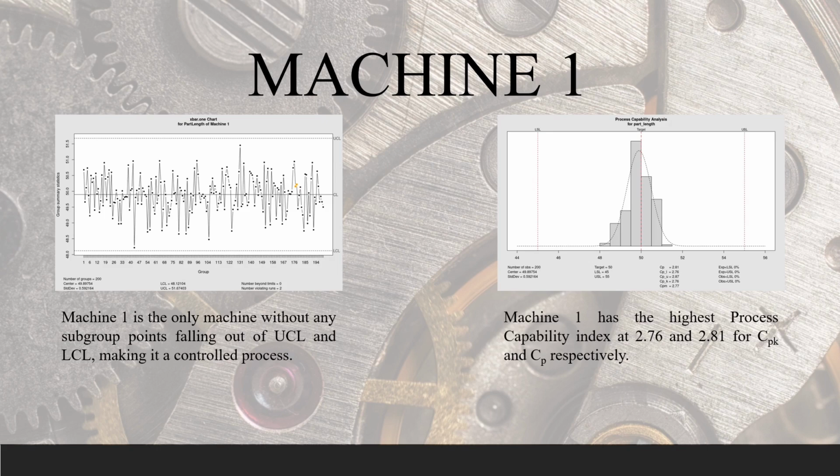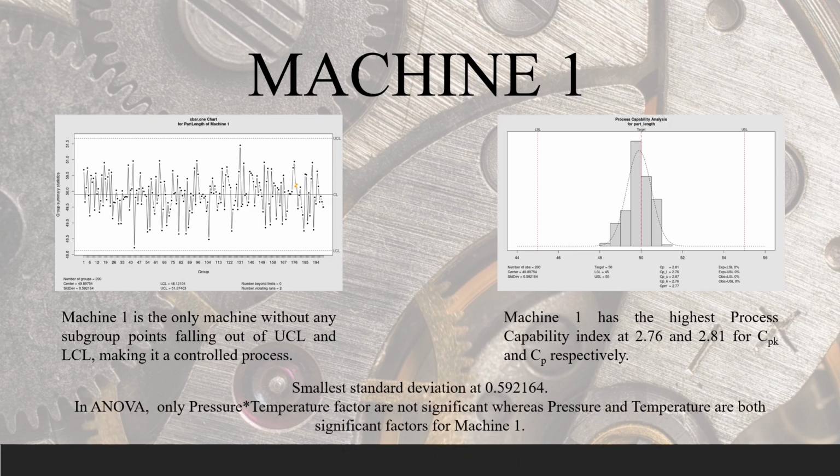So how do we look at this CPK and CP, the process capability index? The minimum process capability index is usually established at 1.33, and the process capability index here is 2.81, which has obviously exceeded it by a lot. And for the CPK, it usually must be greater than 1 to be capable, and if it's greater than 1 by a greater value, it means that it has exceeded the specification limits by a greater value.